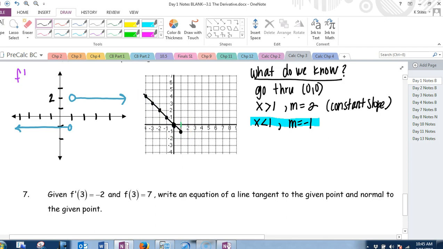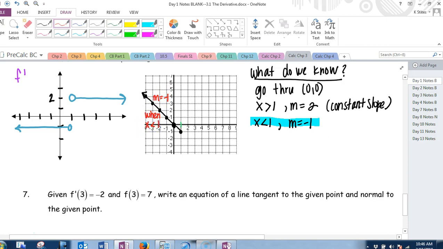Okay. Again, we know we're going through 0, 0, but we also know that at that point you have a slope of -1. So that kind of helps me to figure out the rest of these dots. I'm going to draw an arrow that way. Okay, so -1. I don't know why I just didn't make a negative. M equals -1 when x is less than 1.